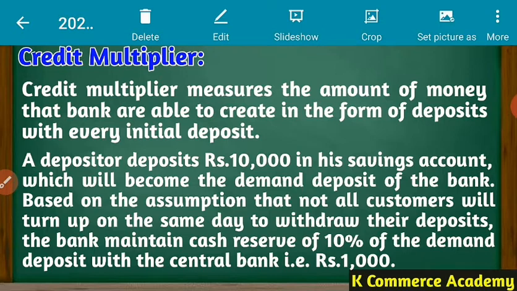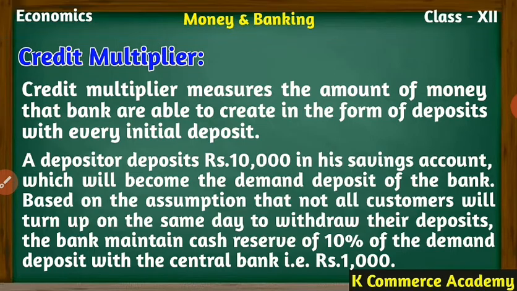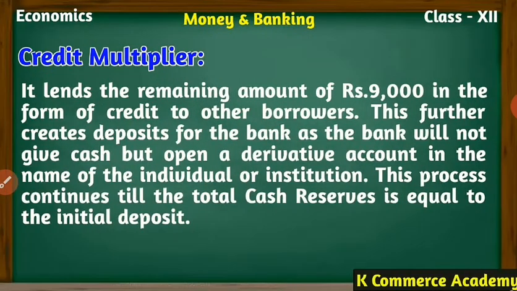Out of rupees 10,000, how much does it need to keep in reserve? Only rupees 1,000, that is 10% of 10,000. So 10% of the demand deposit, that is rupees 1,000, has to be kept by this commercial bank with the central bank. Further, it lends the remaining amount of rupees 9,000 in the form of credit to other borrowers.